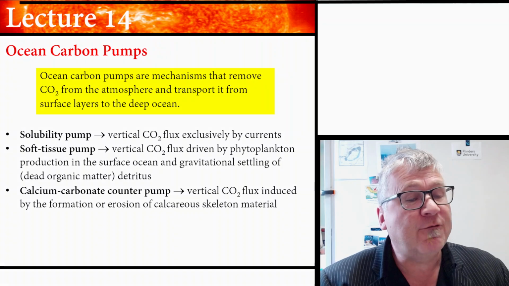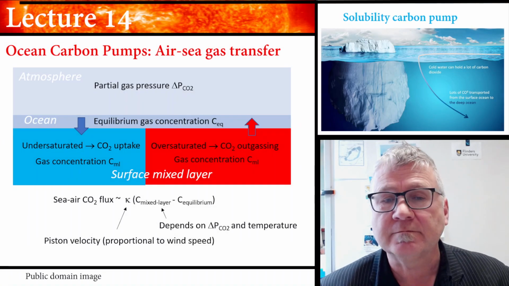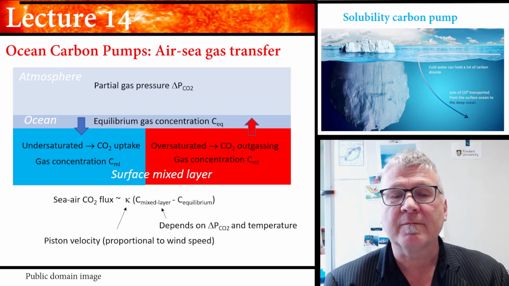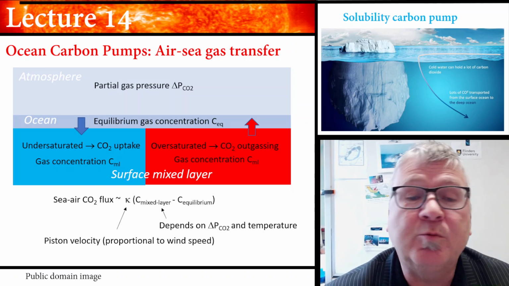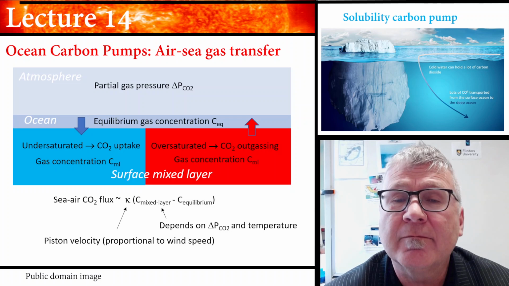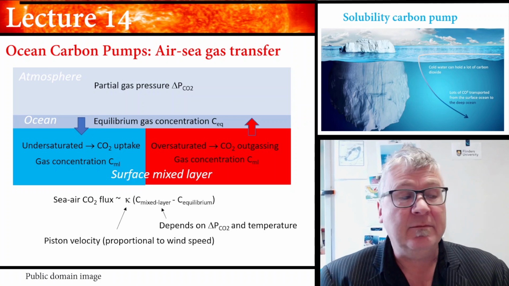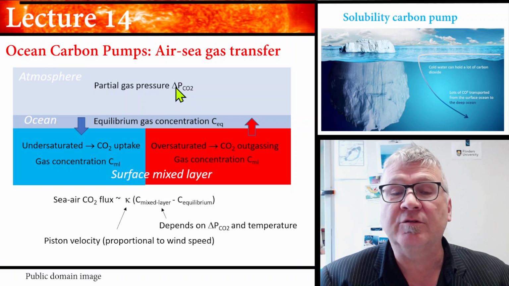Let's talk first about the air sea gas transfer. So now the issue we're having is we have a certain CO2 concentration in the atmosphere, on one side, and we call that here delta pCO2.